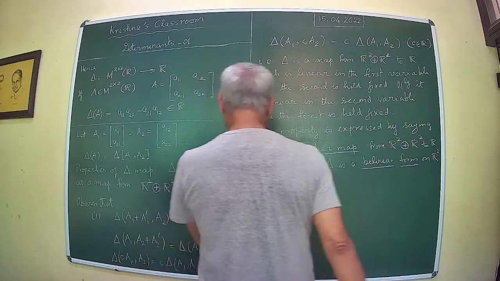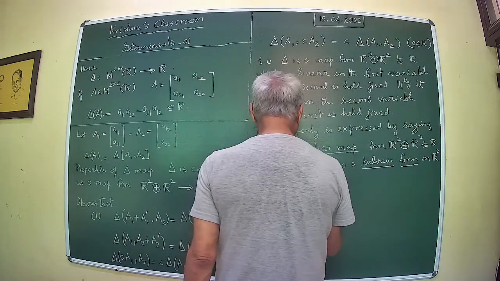Now you see that delta of A1, A2 is minus delta of A2, A1.